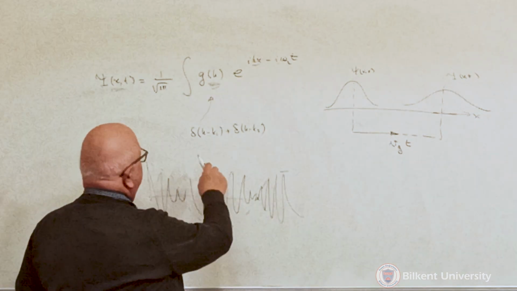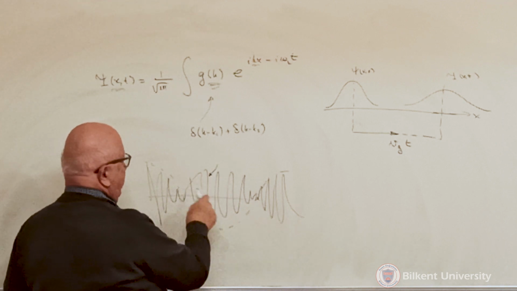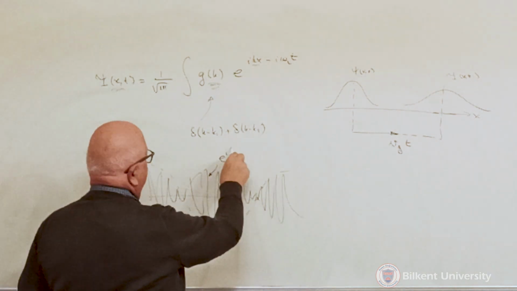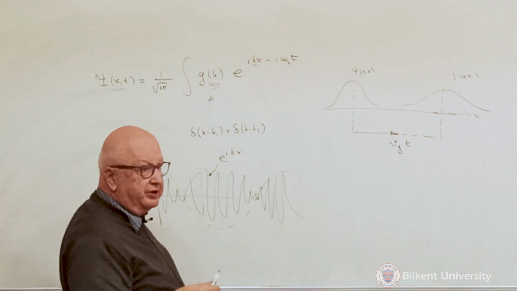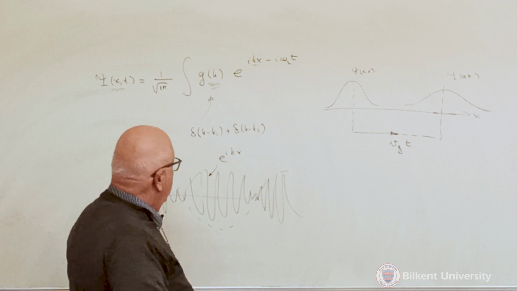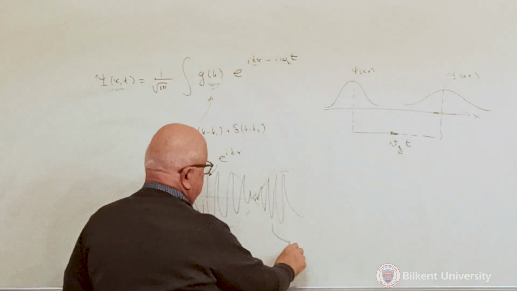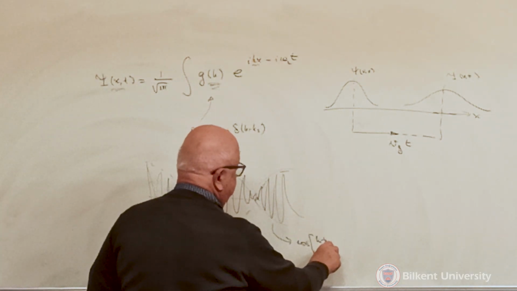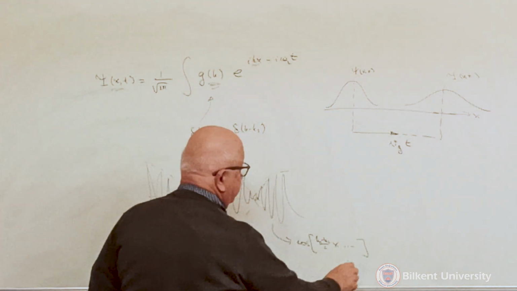So if k1 and k2 are close to one another, what is making up this oscillation is approximately e to the i, one of the k's, x. Doesn't matter whether it's k1 or k2 because I am assuming they are close to one another. But their envelope here is something which goes like cosine of (k1 minus k2) over 2 times x, and the time dependence.